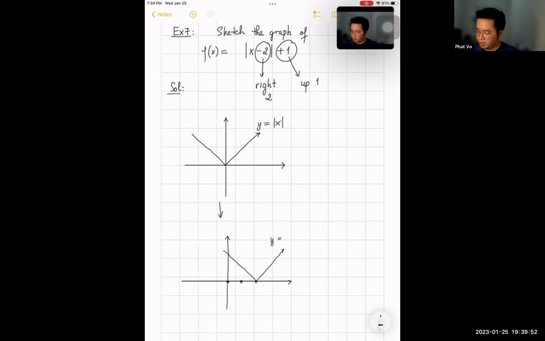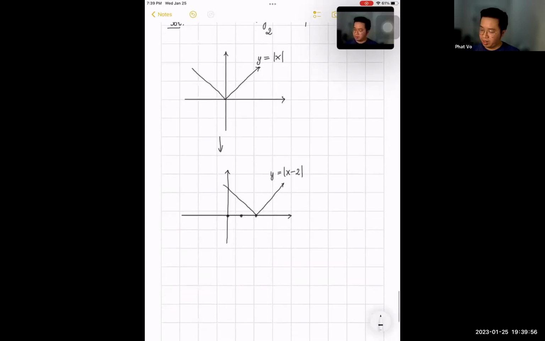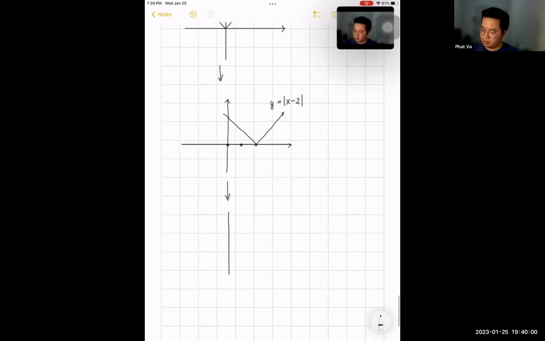So this function is y equal to absolute value of x minus 2. And after that, I will go up 1. So it should be like this. Start here, right? So I go up 1, so that is here. So this function here is y equal to absolute value of x minus 2 plus 1.